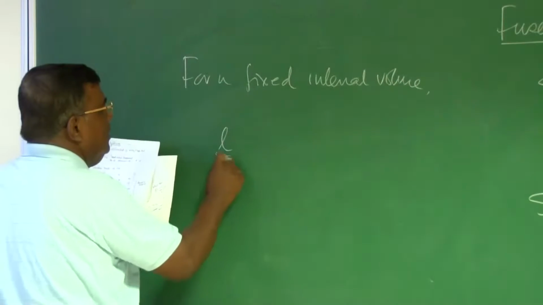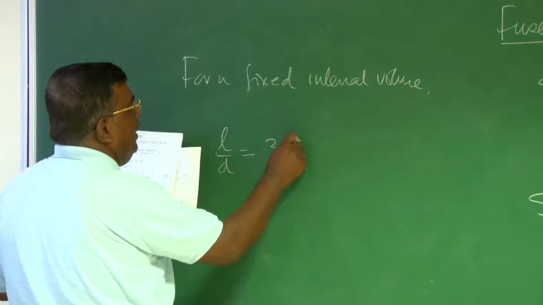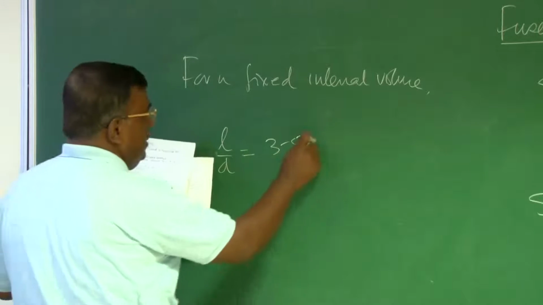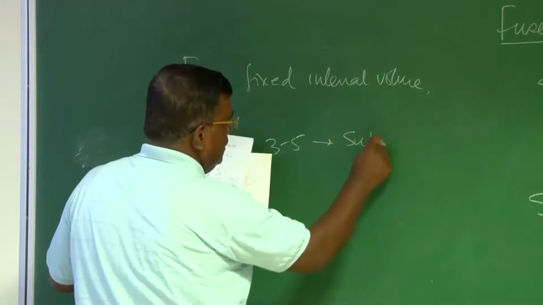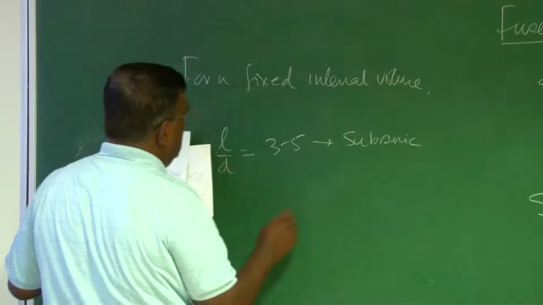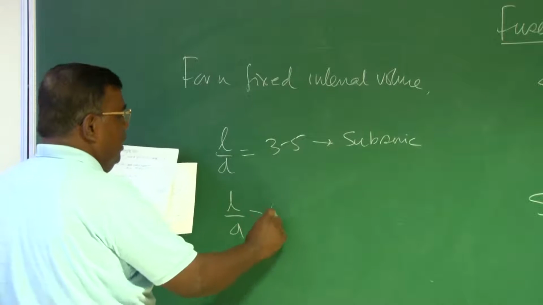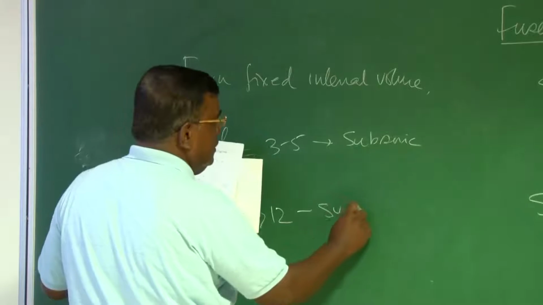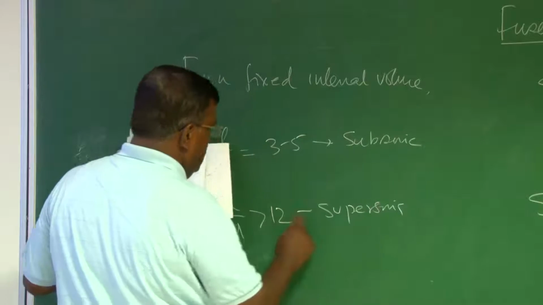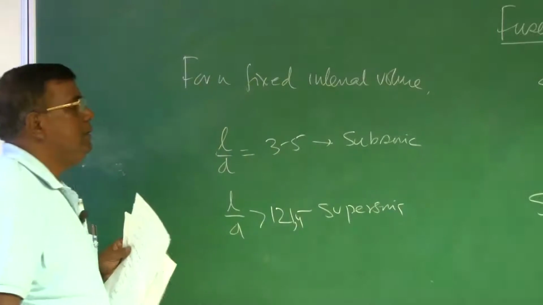L by D of 3 to 5 is good enough for subsonic, and L by D greater than 12 for supersonic. 12 or 14, these are the numbers, right?